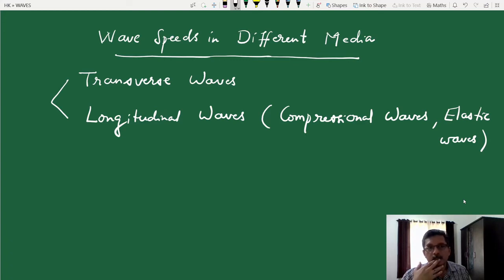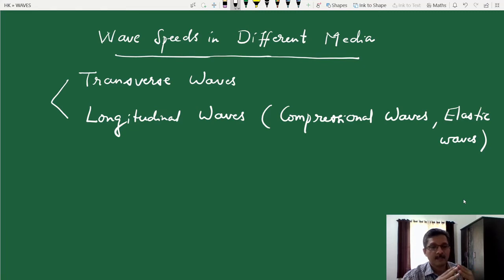And regarding transverse waves, one more point is that we have used the classification based on waves traveling through a medium. But consider waves that do not require a medium, for example, electromagnetic waves through vacuum. There is no medium here. They are transverse waves. How do we say that?